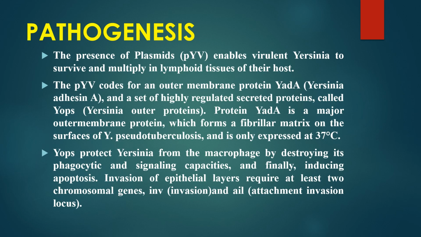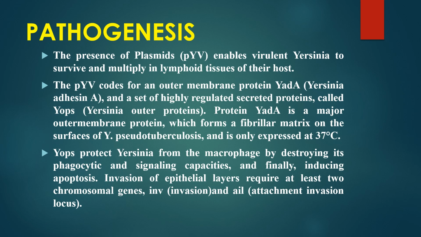Pathogenesis. The presence of plasmids enables virulent Yersinia to survive and multiply in lymphoid tissues of their host. The pYV codes for an outer membrane protein YadA, that means Yersinia adhesin A, and a highly regulated secreted protein called Yersinia outer protein.